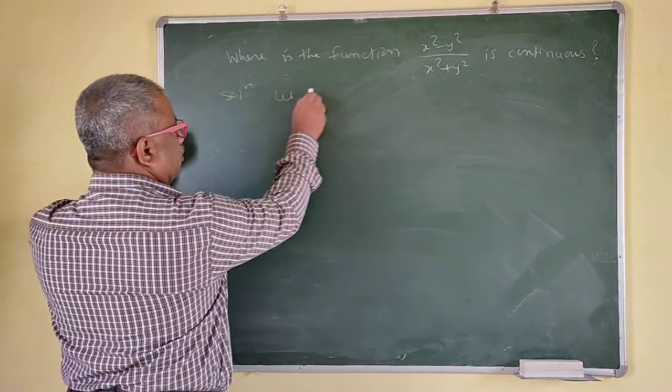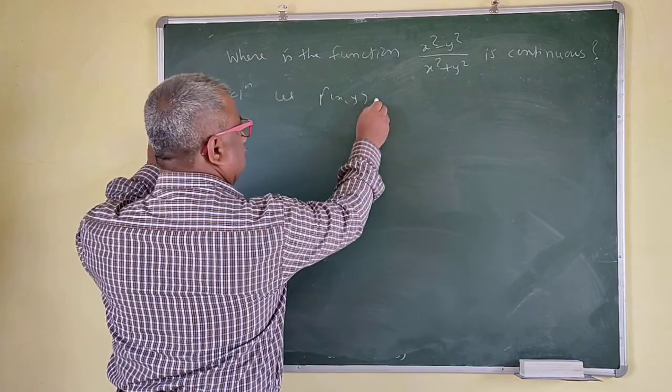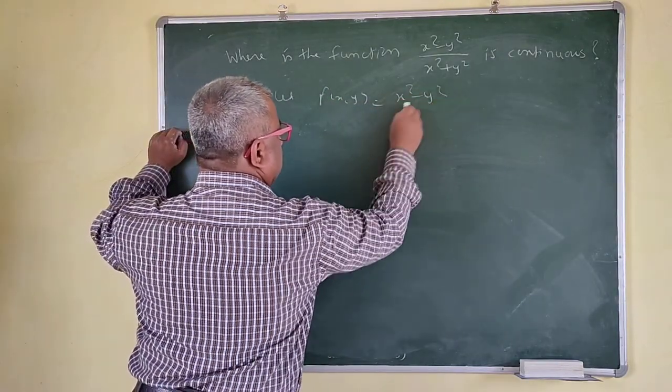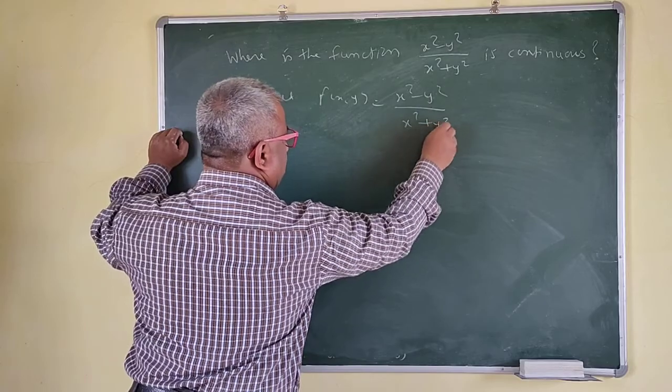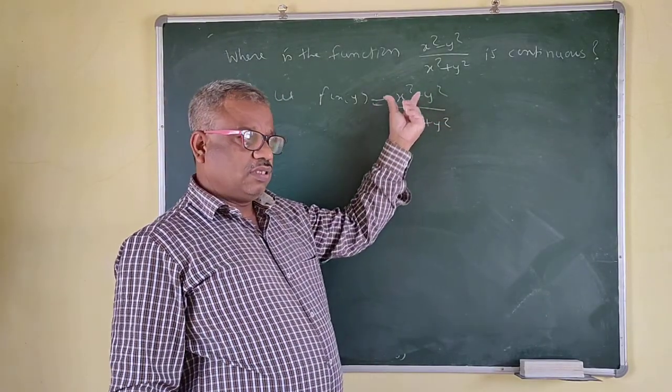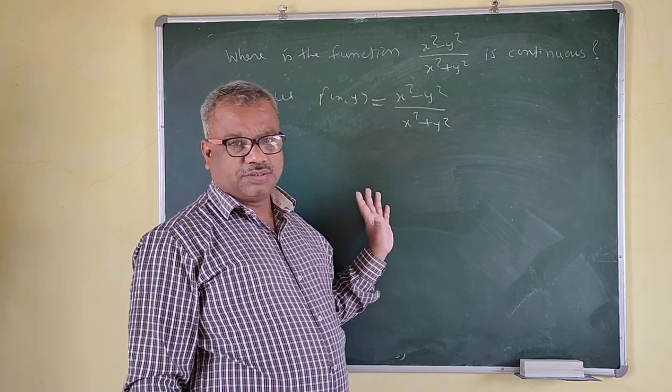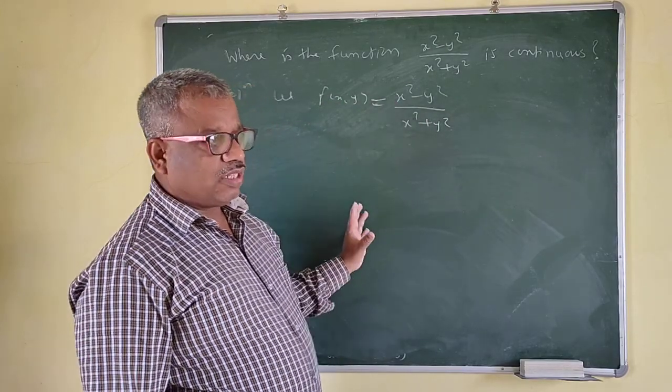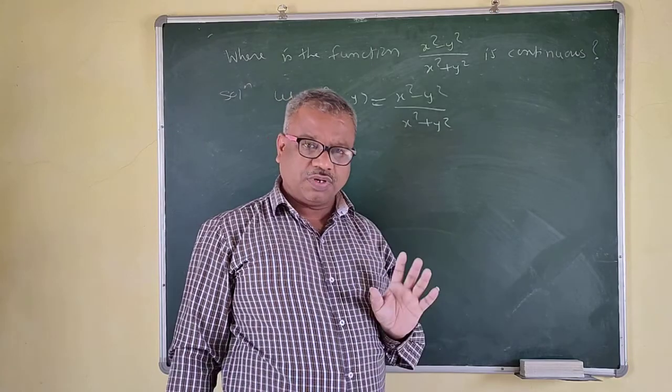Solution: let f of (x, y) equal (x square minus y square) upon (x square plus y square). Note that the numerator is a polynomial function, the denominator is also a polynomial function, and a polynomial upon a polynomial is a rational function, right?